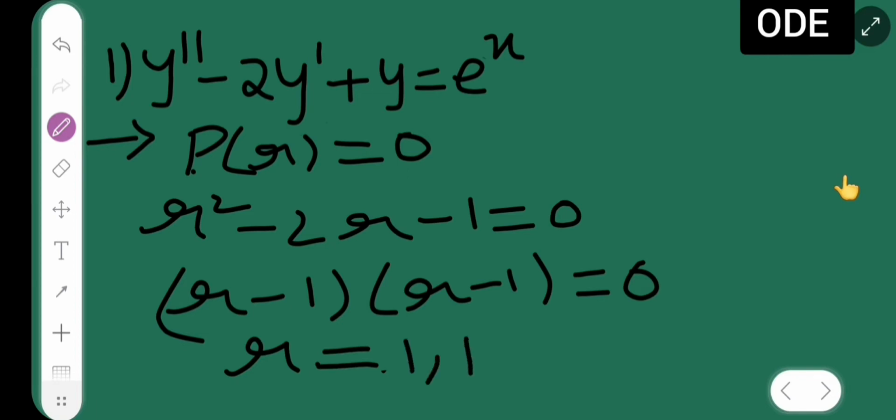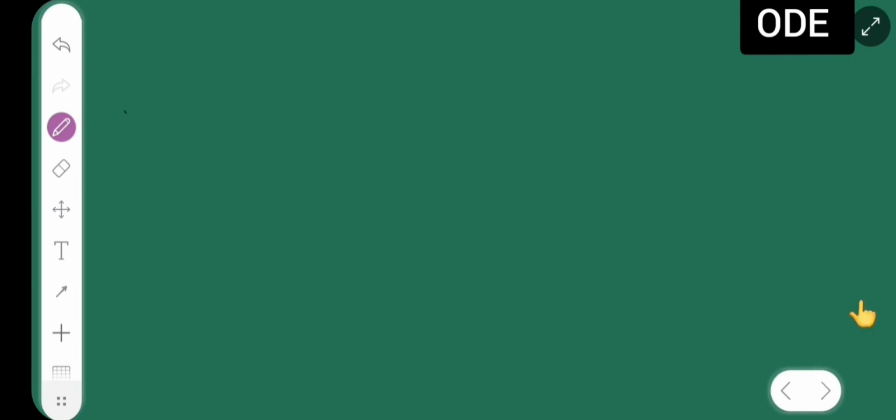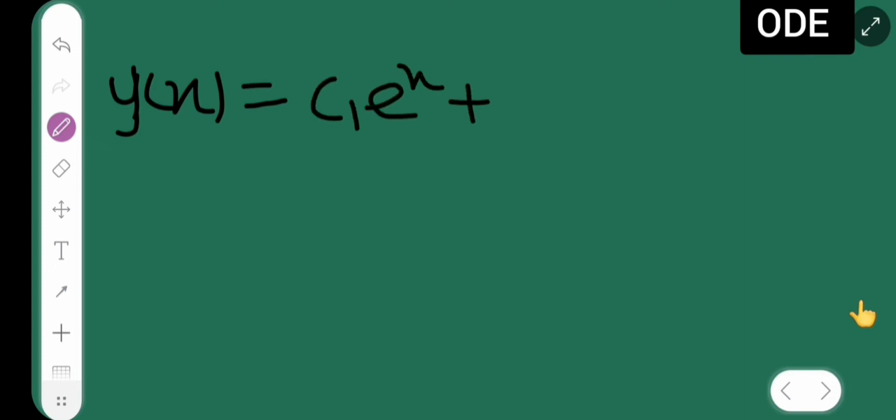So how am I going to write my general solution? y of x is equal to c1 e raised to the power of x plus c2 x e raised to the power of x, right?